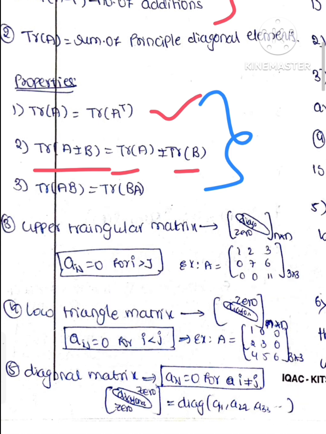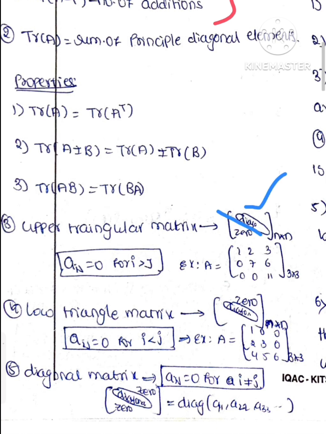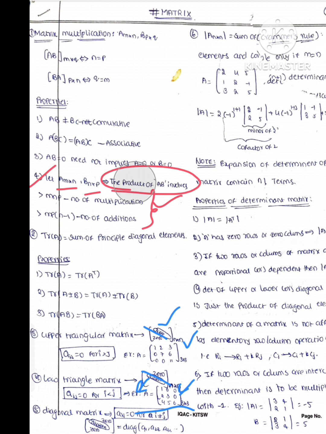Just for remembering purposes, I am telling you in this way: upper triangular means only the elements above the diagonal are non-zero, and lower triangular means only the elements below the diagonal have numbers. This is an example for lower triangular, and this is an example for upper triangular. Diagonal means only the diagonal elements will be present. This is up to this side of the matrix part.